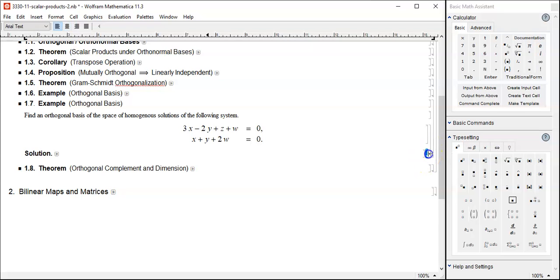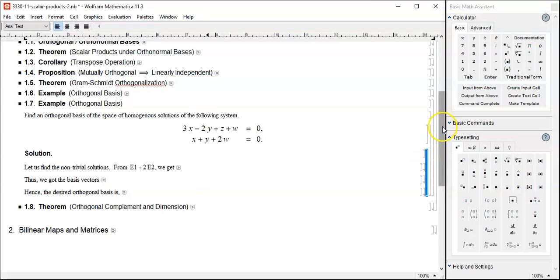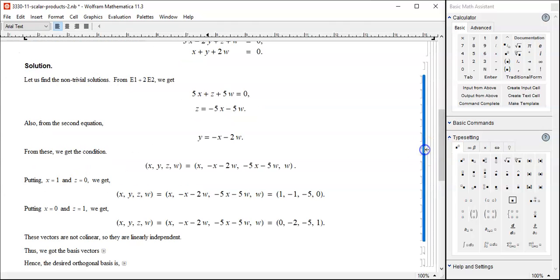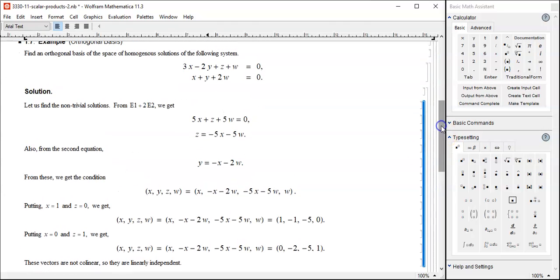Okay, let's see. First, let's find out the solutions. Some elimination. Okay, all right. So elimination and then substitution. And then, okay, I got this.